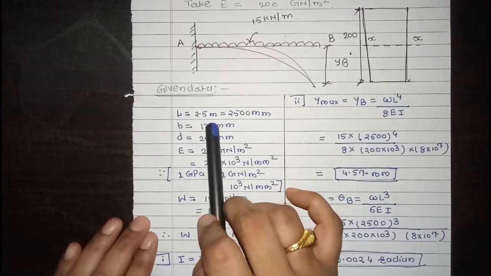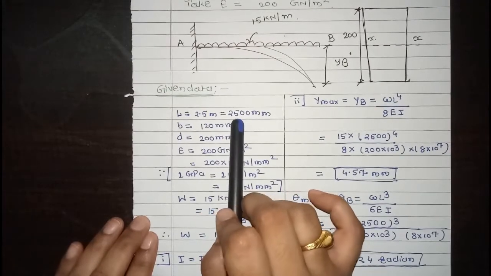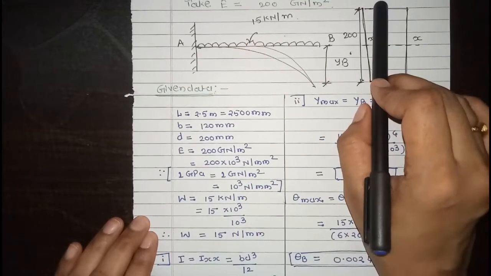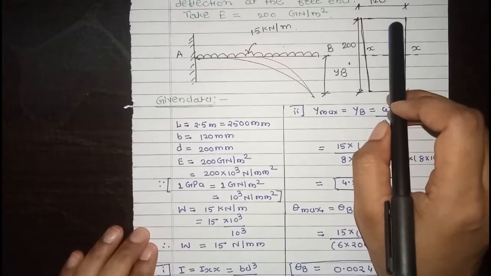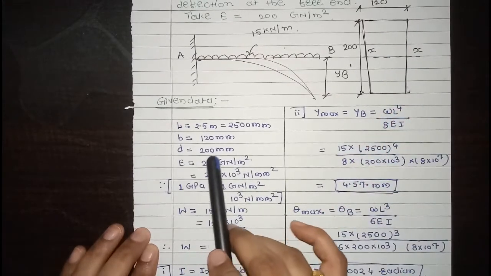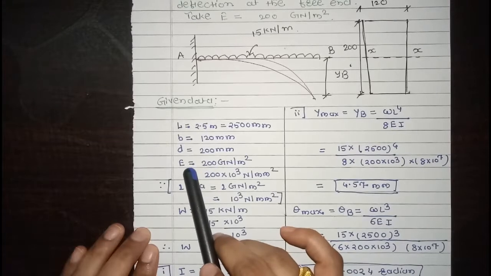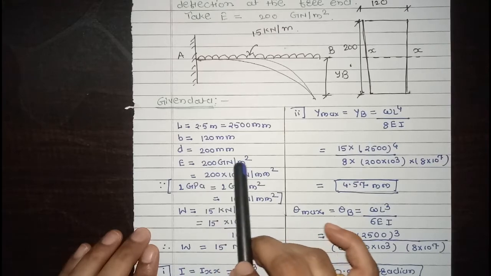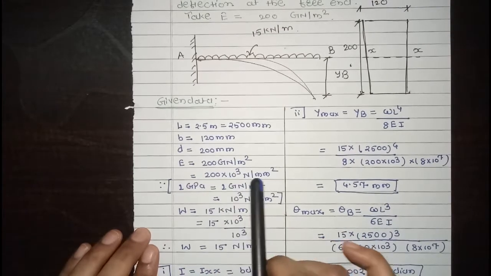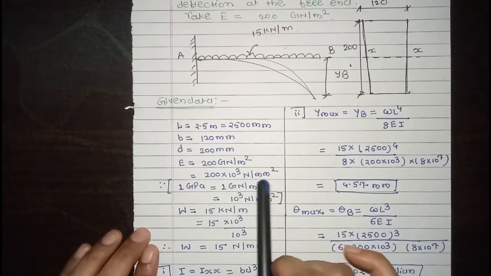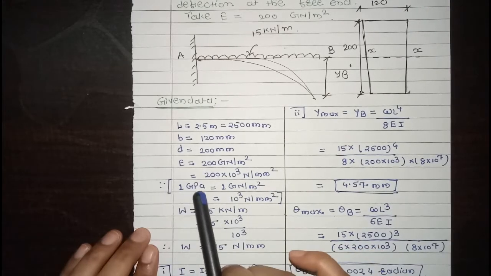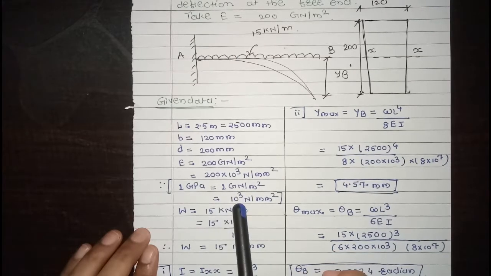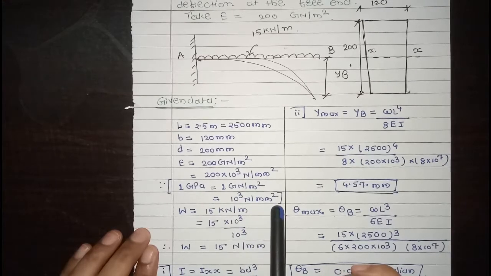L is equal to 2.5 meter, which is 2500 mm. B is equal to 120, D is equal to 200 mm, capital E is equal to 200 giganewton per meter square. Convert giganewton to Newton, multiply by 10 cube: 200 into 10 cube Newton per mm square, because 1 gigapascal is equal to 1 giganewton per meter square, which is 10 cube Newton per mm square.